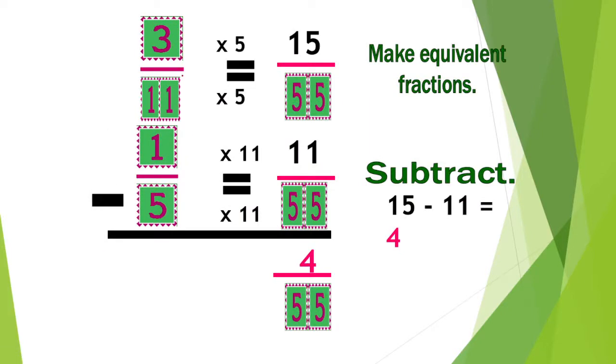So, the same process. 11 becoming 55 is times 5. So, 3 times 5 is 15. 5 becoming 55 is times 11. 1 times 11 is 11. So, 15 minus 11 is 4. So, the answer is 4 over 55 since 4 and 55 have no common factor.